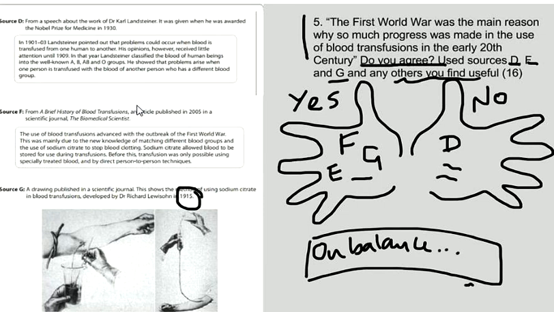So on balance, it was the First World War that was the main reason why so much progress was made in the use of blood transfusions, because although Dr. Landsteiner had classified different blood groups, it was only the huge need for blood transfusions during the First World War that led to rapid advances in the transportation of blood and the identification of different blood groups.